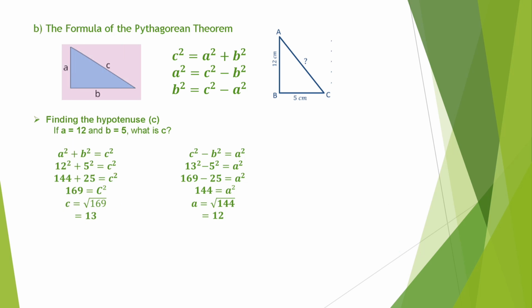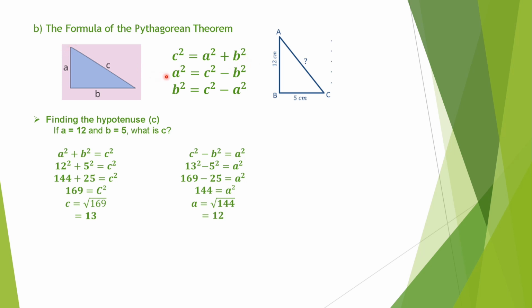B. The formula of the Pythagorean theorem. C quadrat equals a quadrat plus b quadrat. A quadrat equals c quadrat minus b quadrat. B quadrat equals c quadrat minus a quadrat. Finding the hypotenuse c.